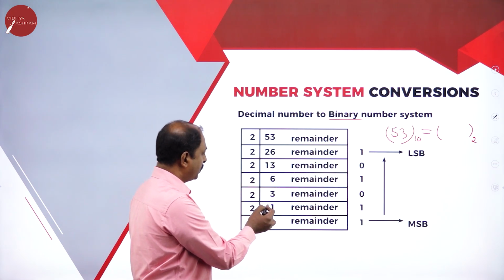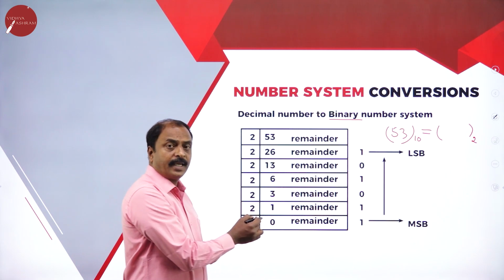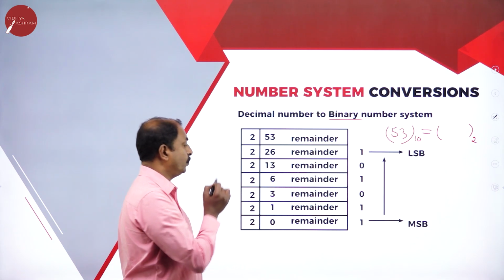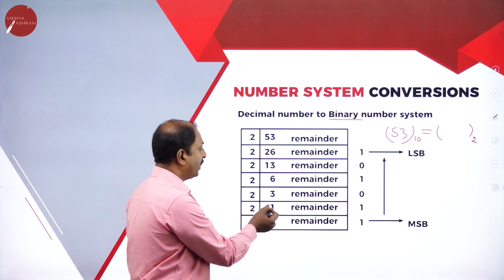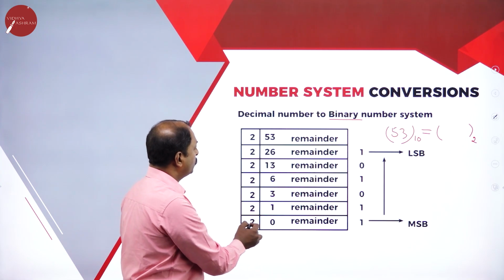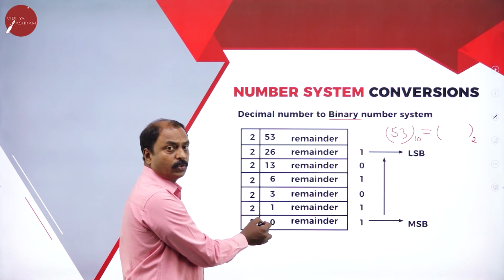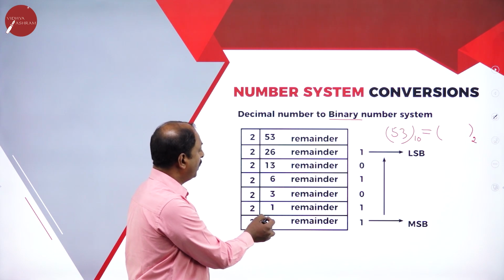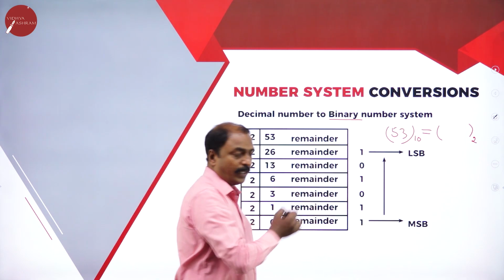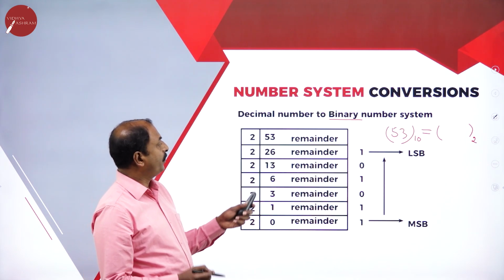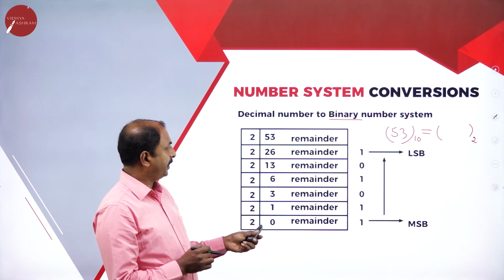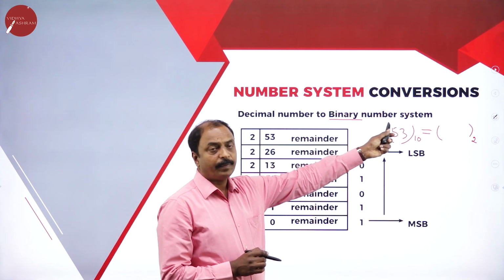Next 1. So 1 is smaller than 2, and that is the reason we cannot divide it any further. So 2 zeros are 0, and the remainder is 1. Here we have to keep dividing the given decimal number by 2.